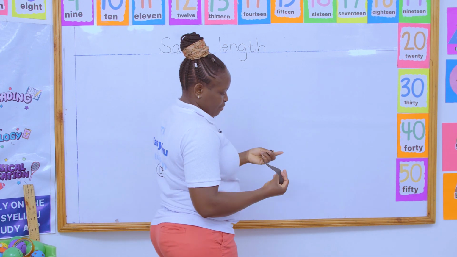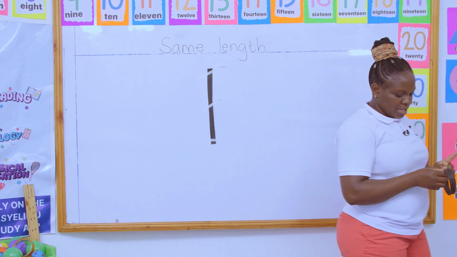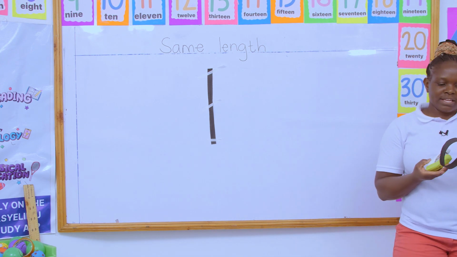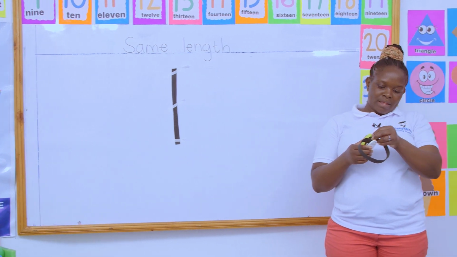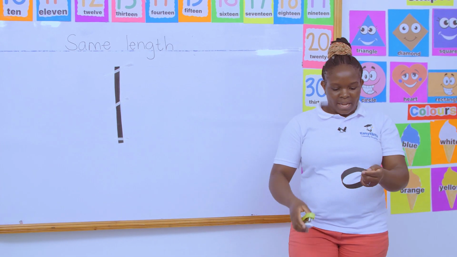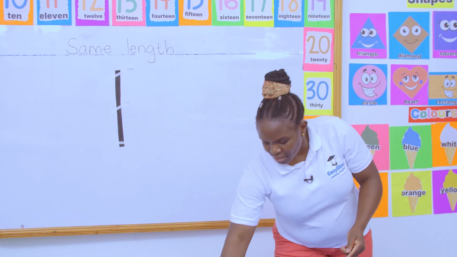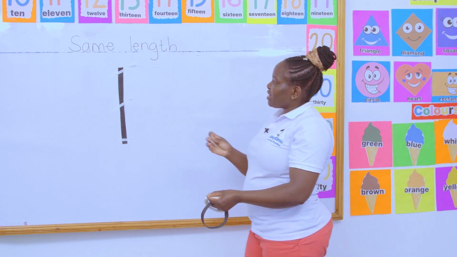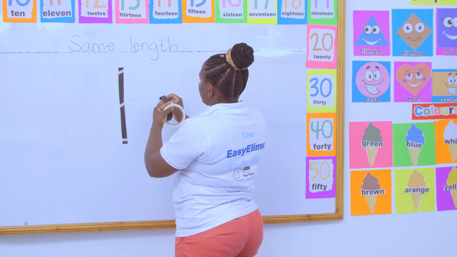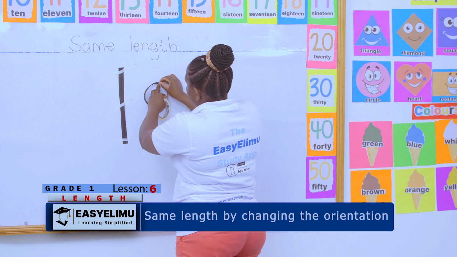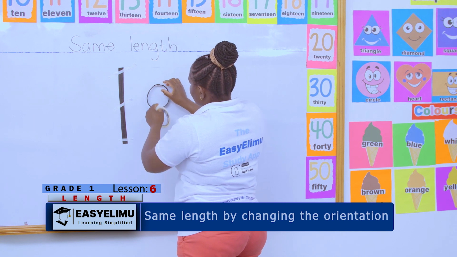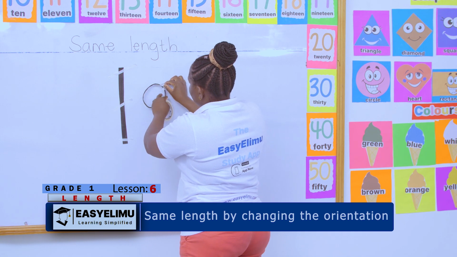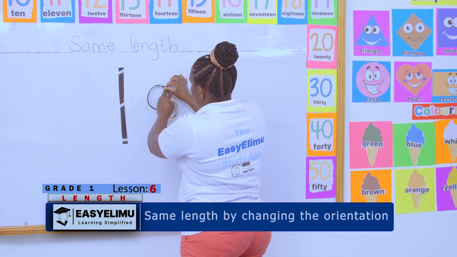But I decide now to change this one's shape so that it appears in the circular manner. Like this. Are you seeing this? The same rope, same size, same length. But I've decided now for this one to appear in a circular manner. Seeing this? This one now appears in the circular manner.